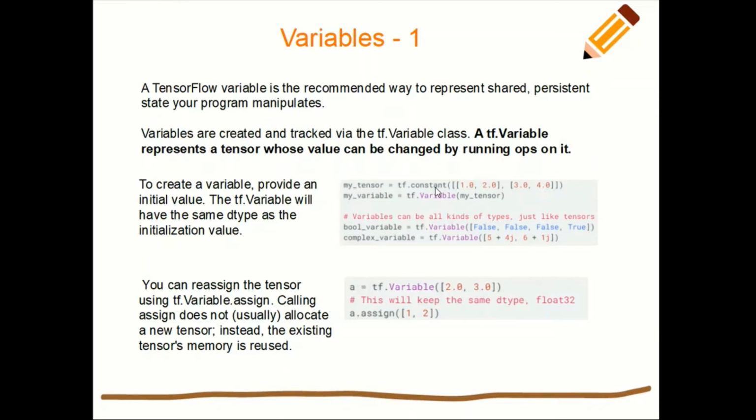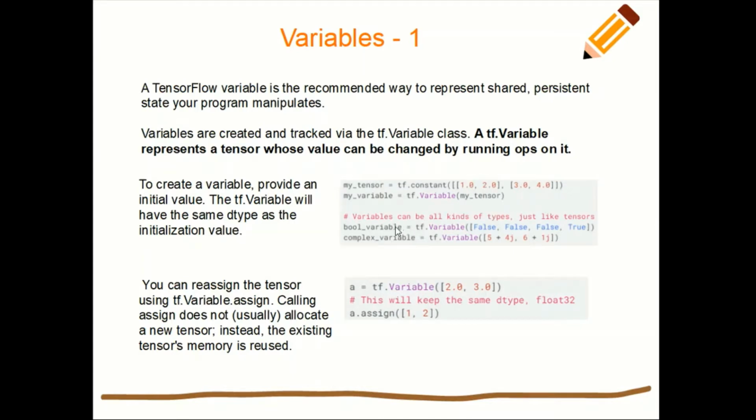So my tensor is created through the tf.constant call, and then we use that tensor to create a variable. This is where you see tf.Variable being used. Just note that V is capital here, and we pass this tensor to it and we get a variable. What does it mean? Once we have a variable, we will be able to change the values. Instead of 1, we can make it 5, and instead of 2, we can make it something else.